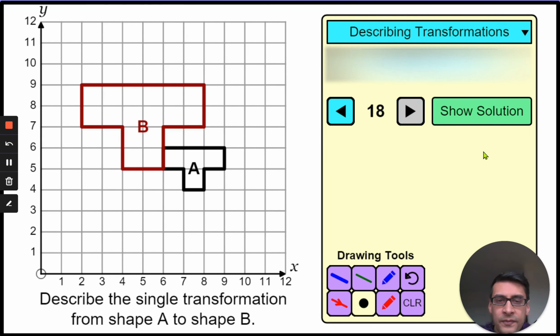Okay. Question 18, this is the last question. It says describe the transformation, we're going from A to B. So let's draw some ray lines and see where they meet.